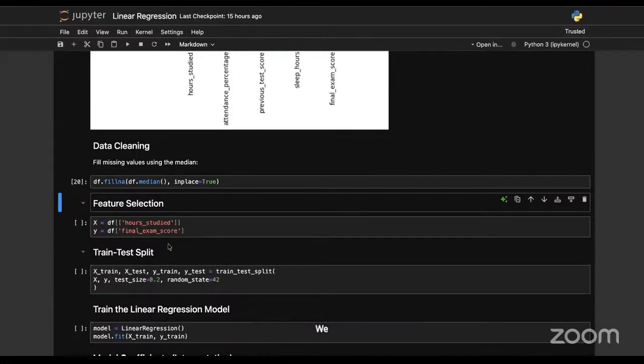We are splitting it 80-20. So 80% of the data, randomly selected, will be used to train the model, and 20% of the data will be used to test the model.